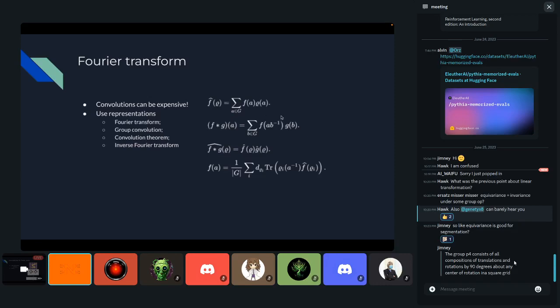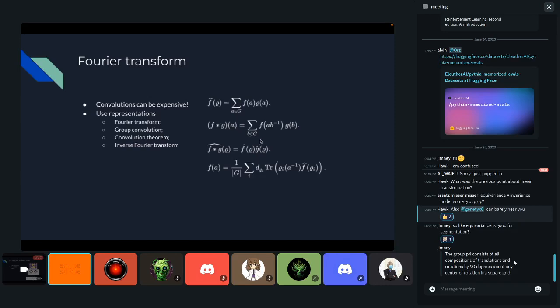And for groups, we have this old definition of convolution. It turns out that the element-wise products of two Fourier transforms of two functions is the same as the Fourier transform of the convolution of those two functions.